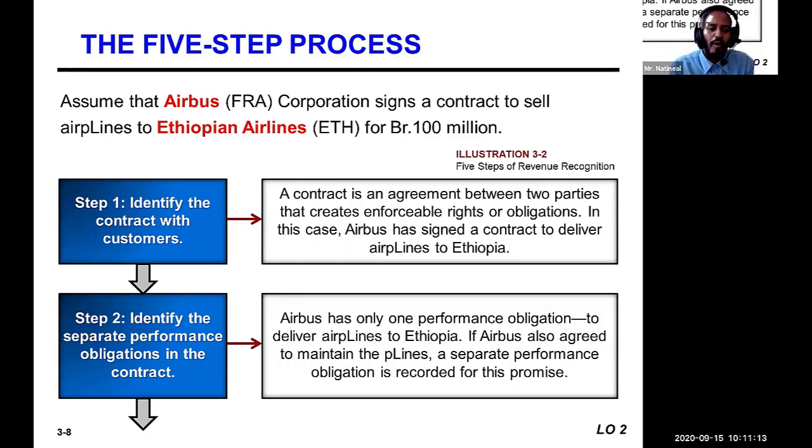So there are 5 steps of revenue recognition. The first step is to identify the contract with customers.